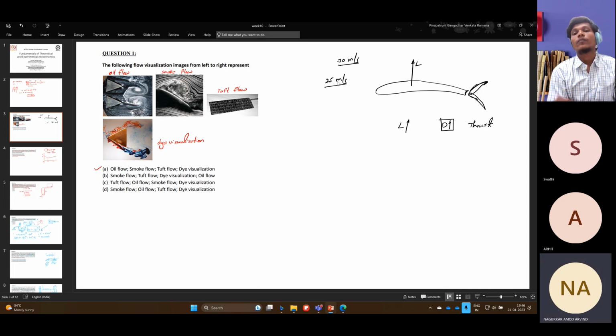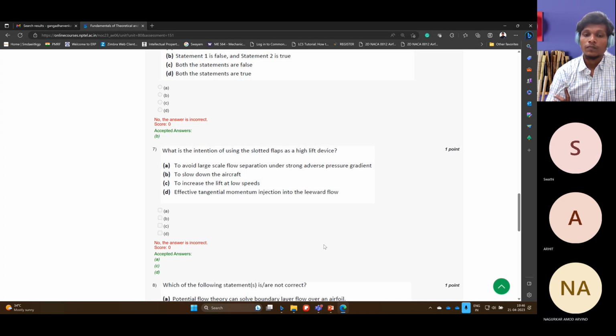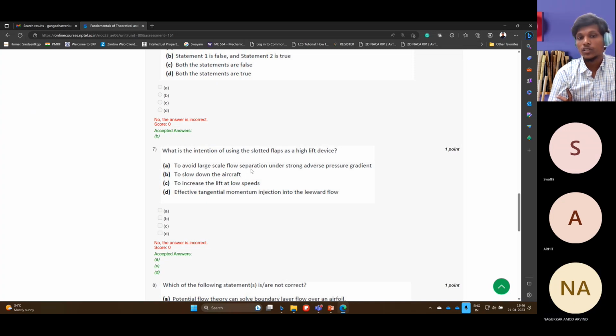It will slow down the aircraft after deploying the flaps, but that is not the intention for using high lift devices. Yes, it will slow down the aircraft. But the question is the use of high lift devices.